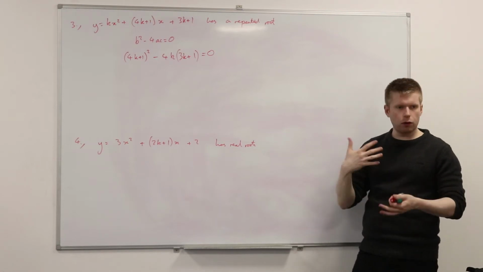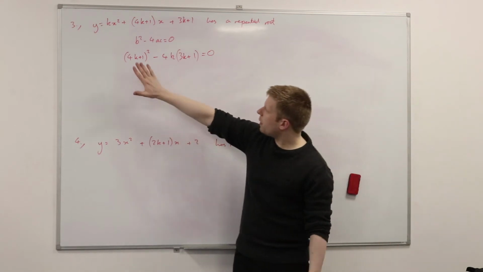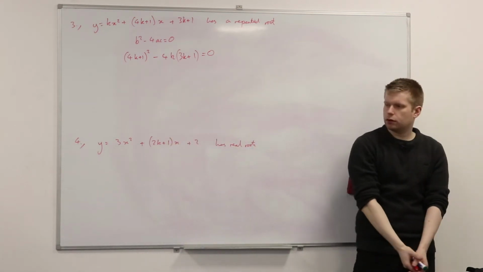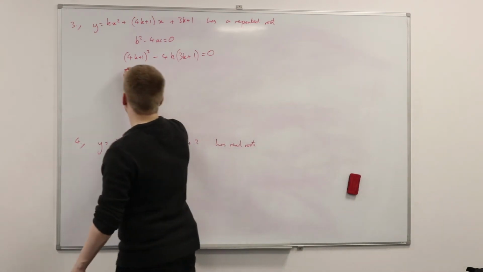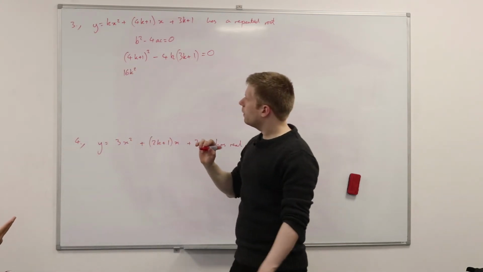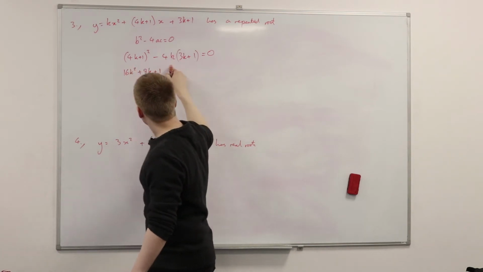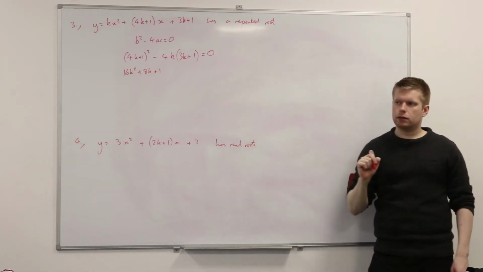Now I can go through and start expanding things out and simplifying. If I expand this out, what do I get? 16k squared plus 1 plus 8k. Good. If I expand this out, what do I get?